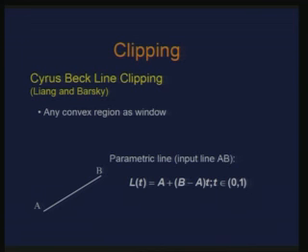So, what we do here is we consider the line in question which is to be clipped as a parametric representation of a line. If I have a line AB, I represent this line as L(t) equals A plus (B minus A) times t, where t is the parameter which runs between 0 and 1.